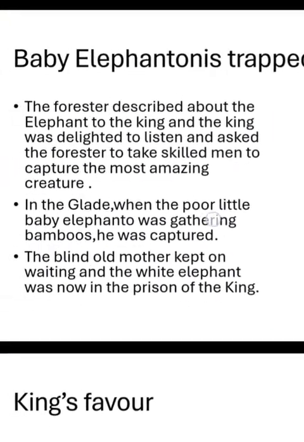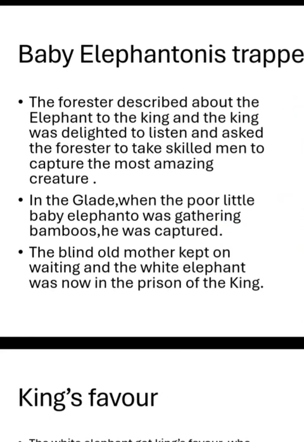The king was much delighted when he heard about the white elephant. He thought he should be there in his right position. And then he asked his men to go to the jungle and bring that elephant. The forester went along with the troop of men, and this poor little white elephant was in the glade.